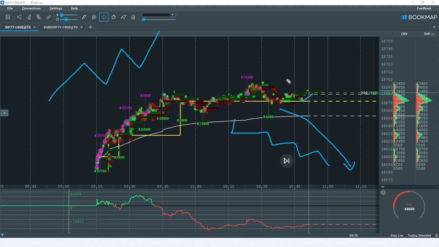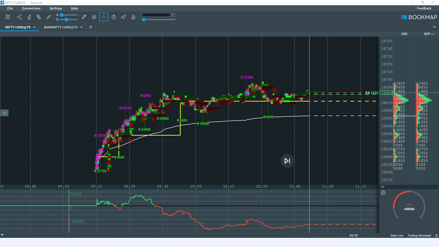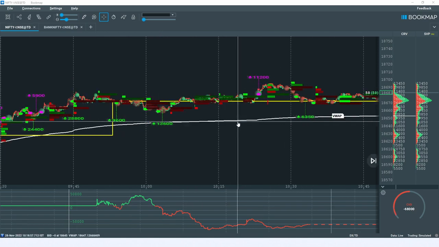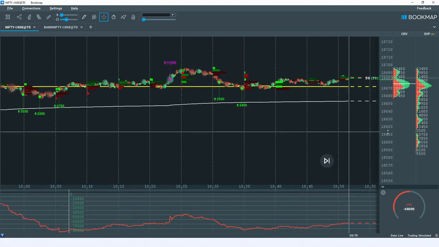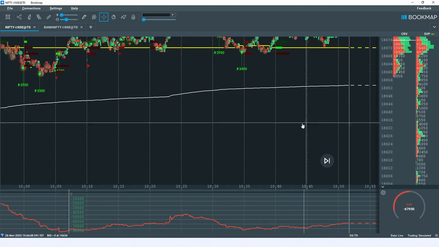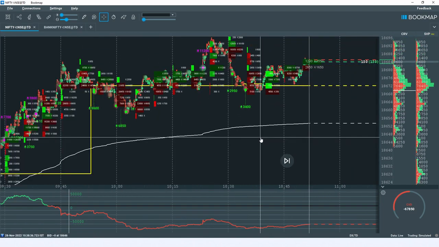The more time it spends in our direction, and the more volumes or acceptance we identify using the point of control, that's a good sign for us to stay in the long trade, or any trend direction that you have identified. So we can identify that acceptance part by using the point of control.